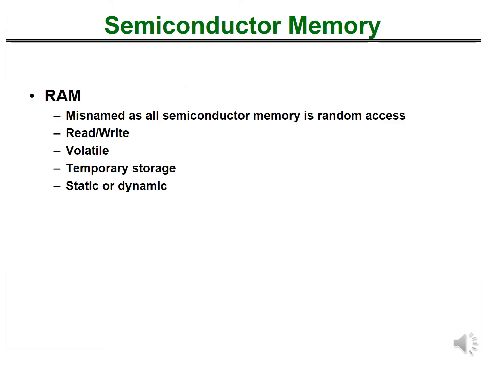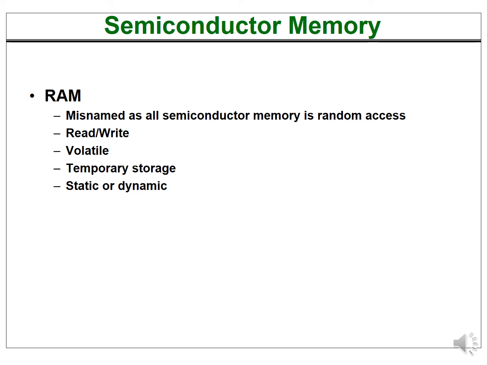RAM. See, RAM, as we say, random access memory, is actually a misnomer, in the sense that even ROM is a RAM. What I mean by that is, ROM, the read-only memory, is also random access by nature. Random access means you can access any location in the memory in the same amount of time.